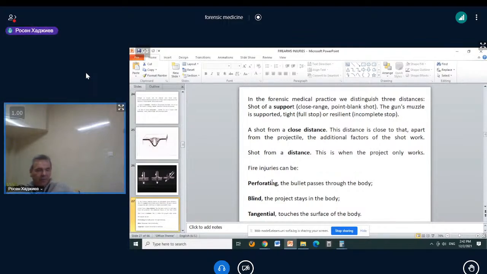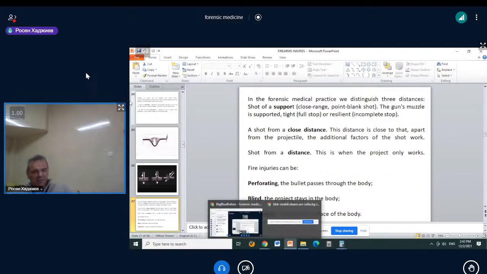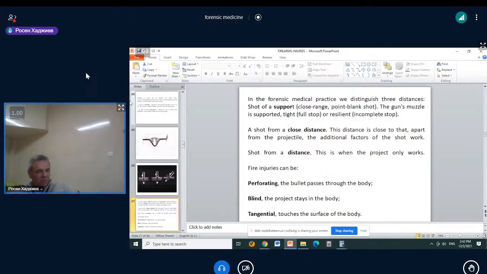Firearm injuries can be perforating, when the bullet passes through the body. In this case, we have an entrance wound, canal, and exit wound. Blind, when I have only an entrance wound and canal, and the projectile is inside the body. And tangential, when there is a tangential movement of the bullet towards the body, and the bullet simply touches the body.